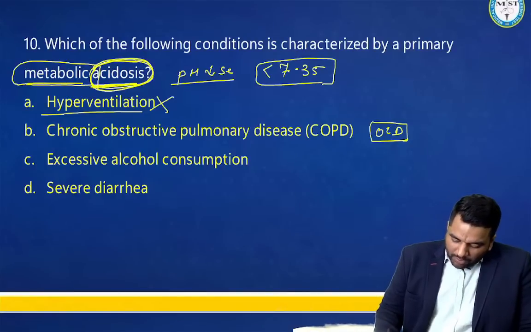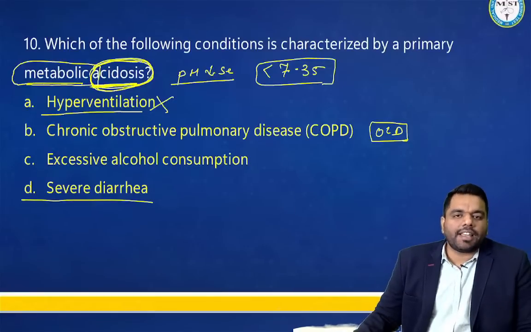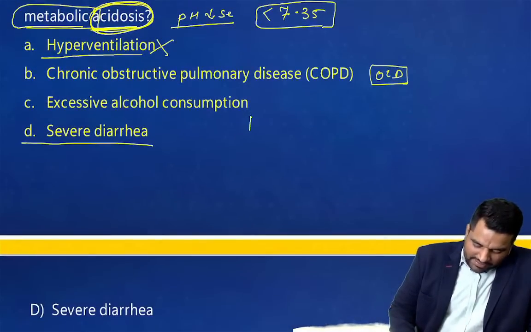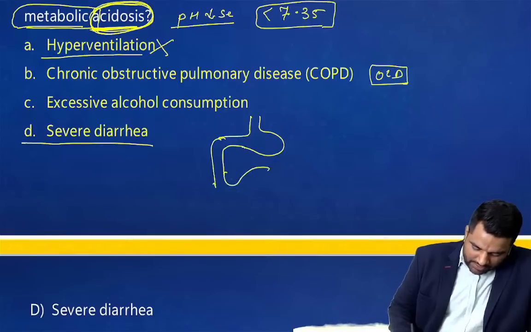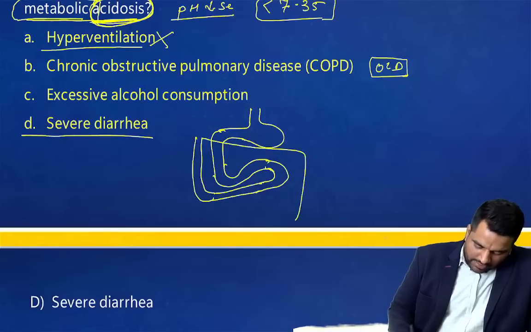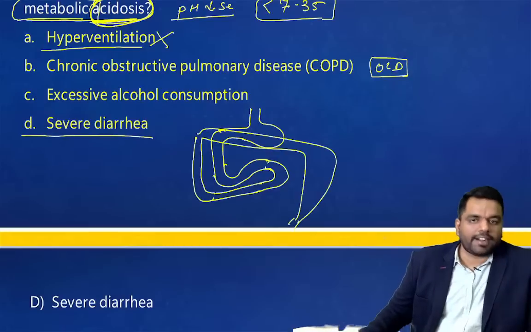Now the option is severe diarrhea. What happens in diarrhea? This is your stomach, this is the duodenum, this is the jejunum, this is the ileum, then this is the colon, and ultimately here is the rectum.